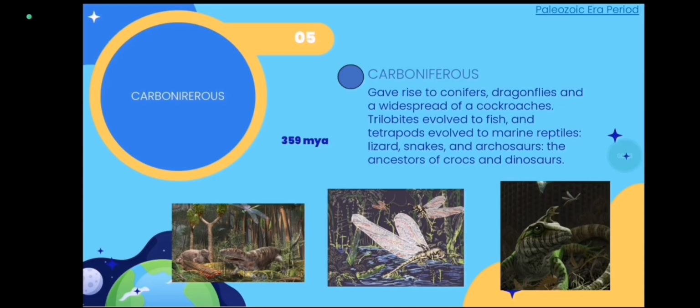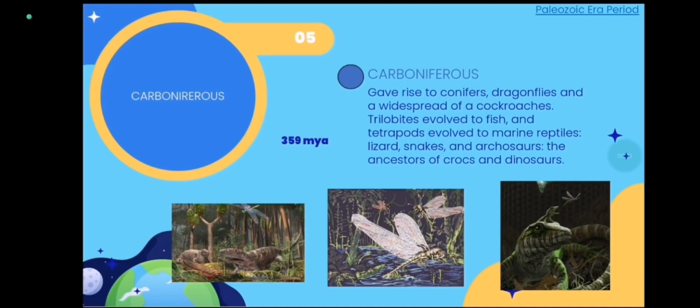So, this gave rise to life after the ferns. Conifers came to live, the plants that provide cones, or cone-bearing plants. And also, it gave rise to dragonflies and cockroaches.